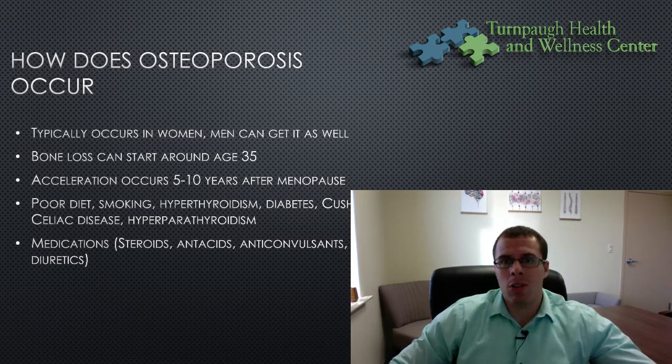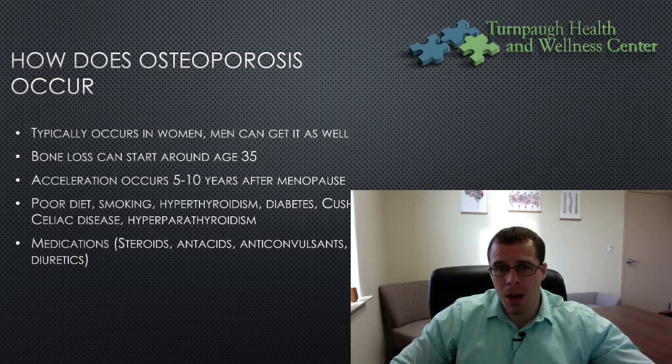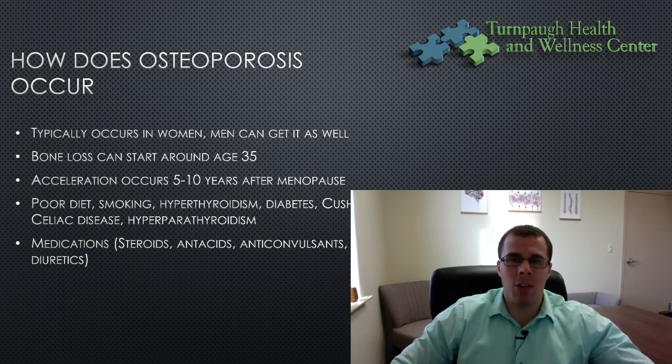Typically, bone loss can start around age 35. That's when bone demineralization starts to occur. And we see that the most common time to fall into osteopenia or osteoporosis is for women about 5 to 10 years after menopause, more towards the latter end of that range. So that's something to be aware of.